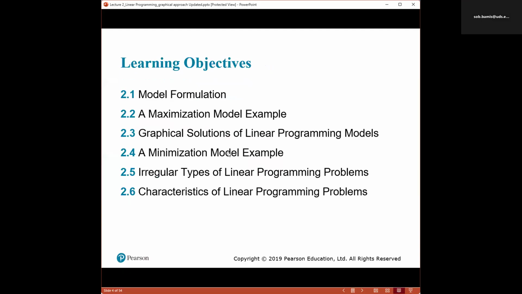A maximization function. Put another way, a linear problem could be a minimization problem or a maximization problem. Okay. Which the is linear.